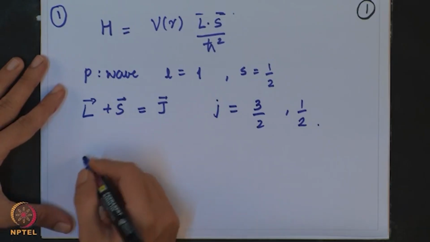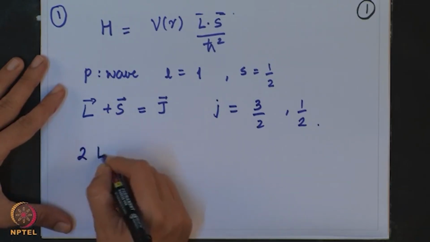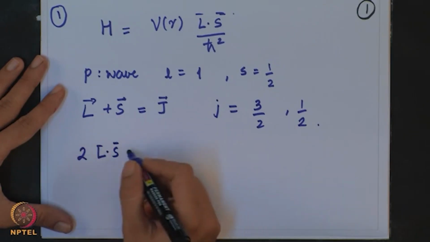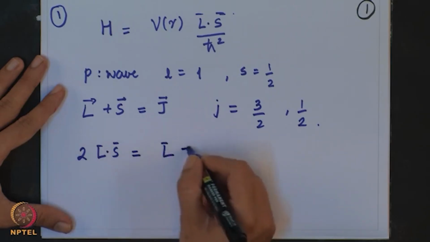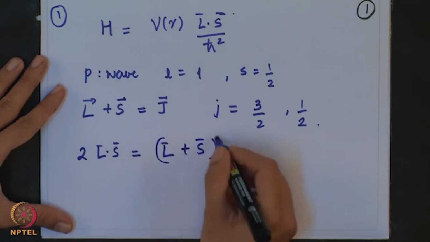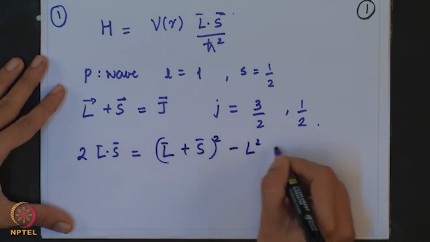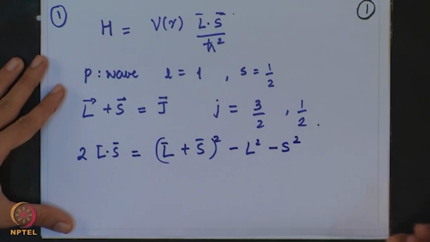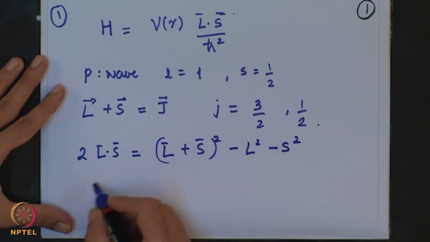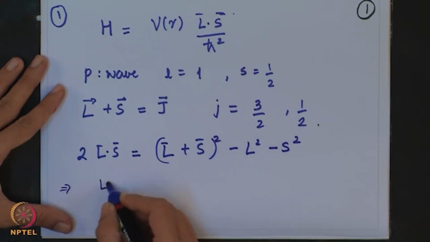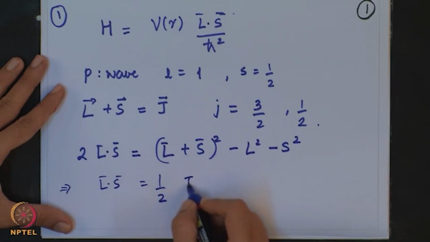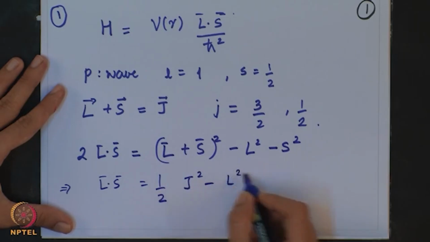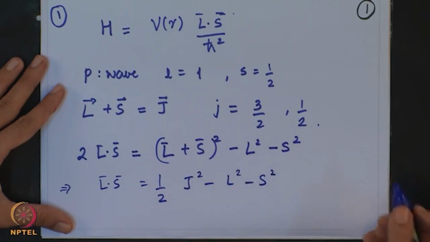Okay. Now, we need to write L dot S in terms of L, S and J. So, how we can do that? If I write L dot S, 2 times L dot S is L plus S the whole square minus L square minus S square. I can write like this, correct. So, this would imply that L dot S is half of J square minus L square minus S square.